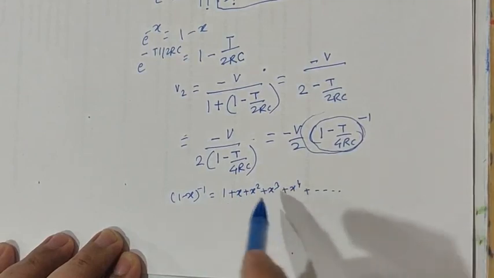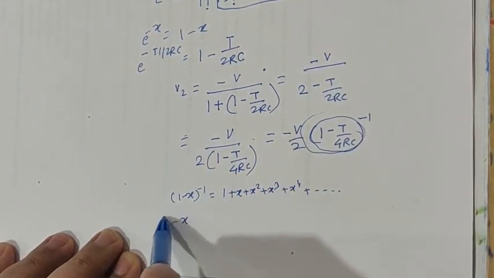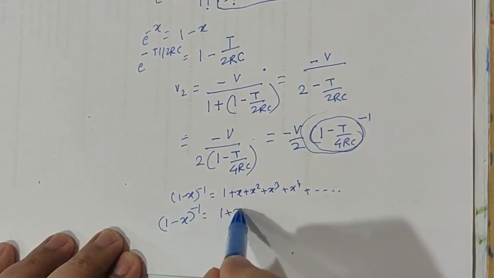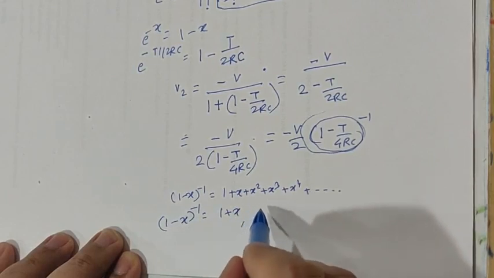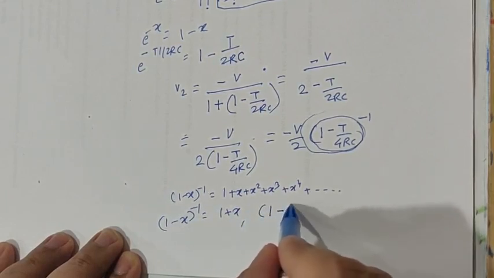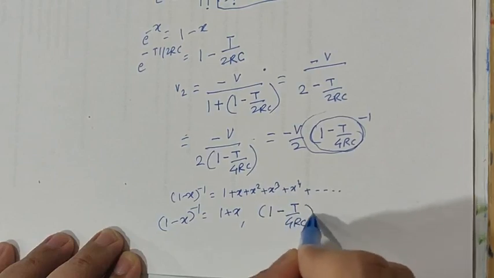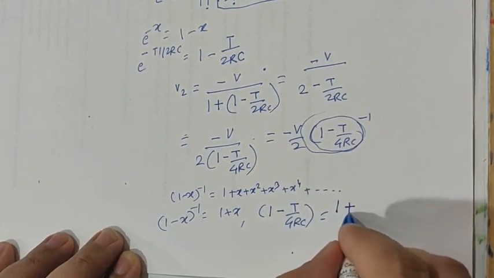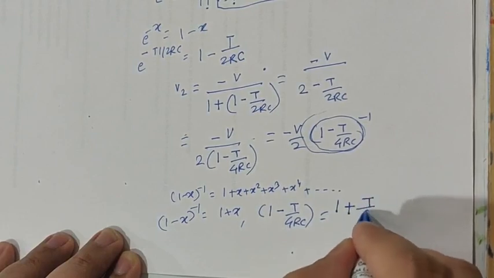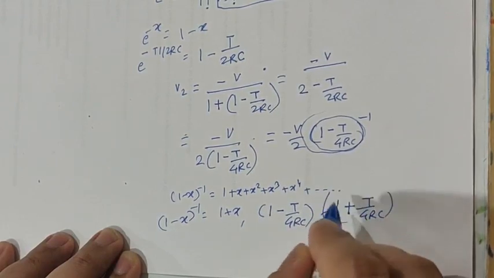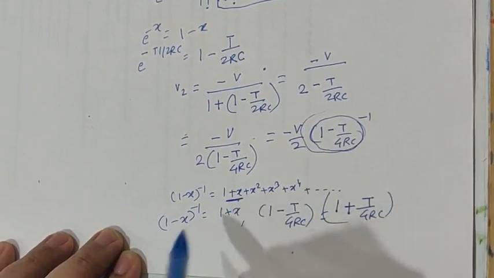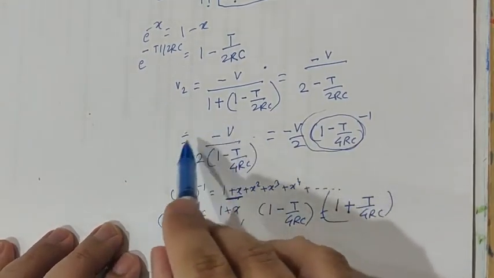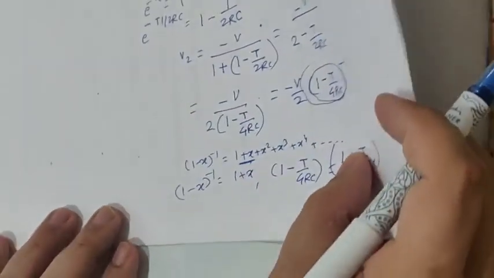Neglecting the upper terms, 1 minus x inverse can be written as 1 plus x. In this way I can write 1 minus t by 4RC inverse to be 1 plus t by 4RC. So it is 1 plus x only. Now let us come to that part again.